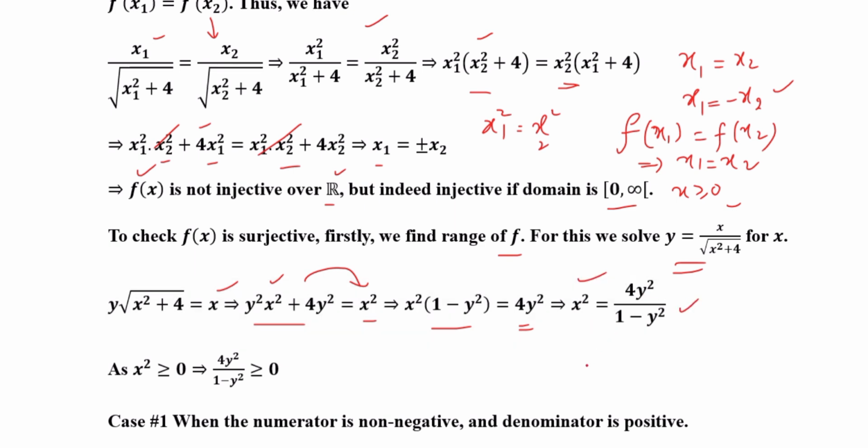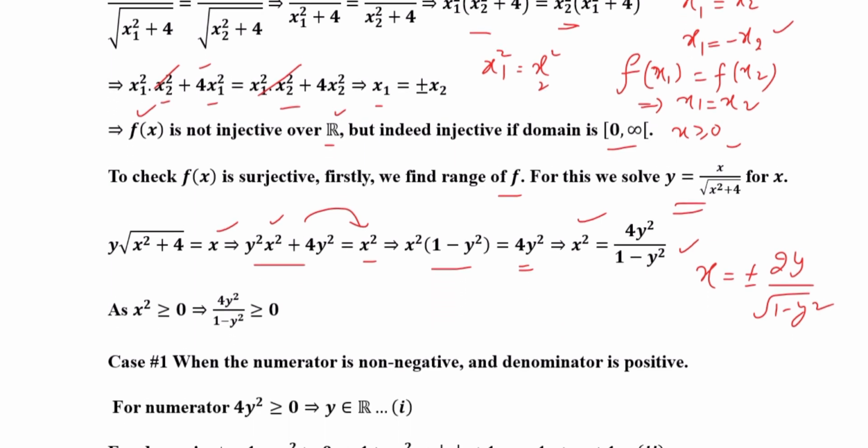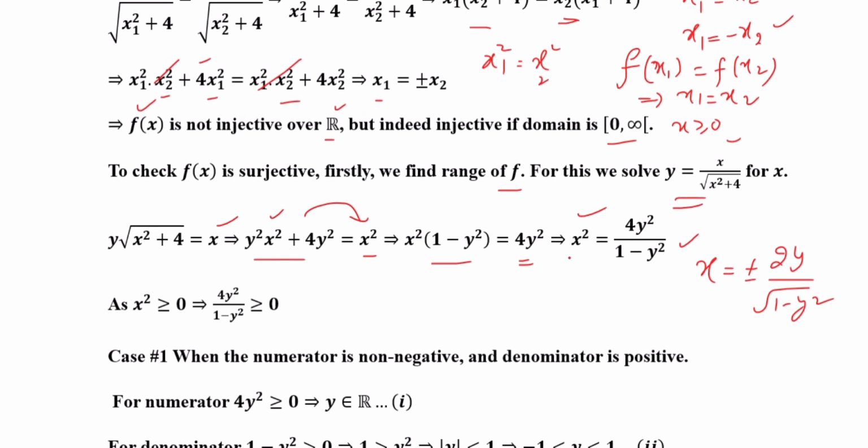Now, we need to find the range of the function. There is no need to take square root on both sides like this. We find the range in this way, as on the left side x square is always a non-negative quantity.